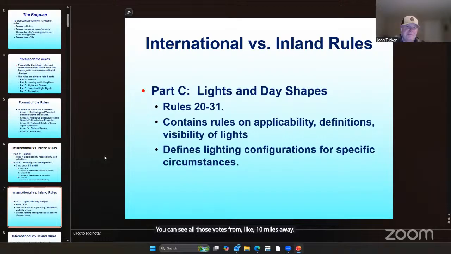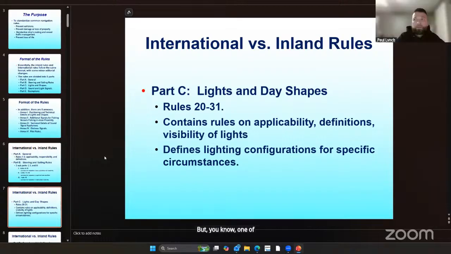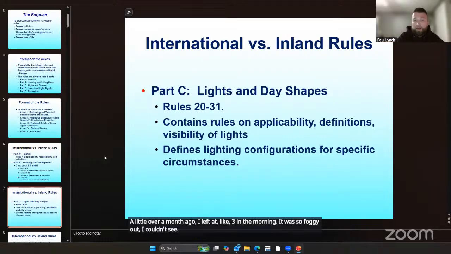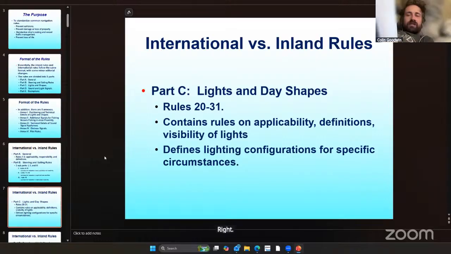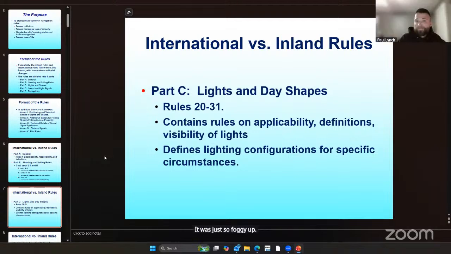But on one of the tuna trips I did a little over a month ago, I left at like 3 in the morning. It was so foggy out, I couldn't see anything. I couldn't see the boats on the corner until I got to the corner. So that's restricted visibility. I could pick them up on my radar, but I couldn't see 15 feet in front of the boat. It was just so foggy.